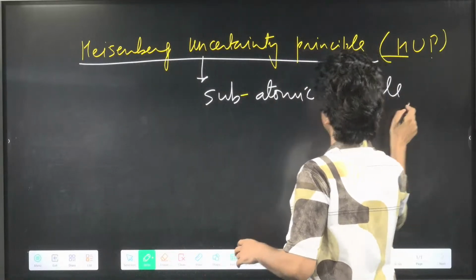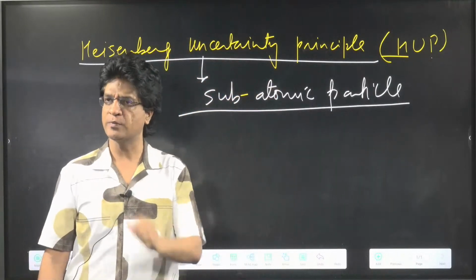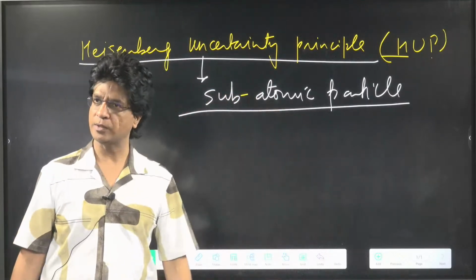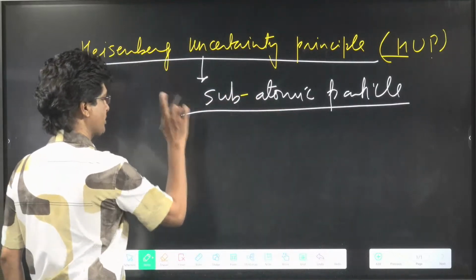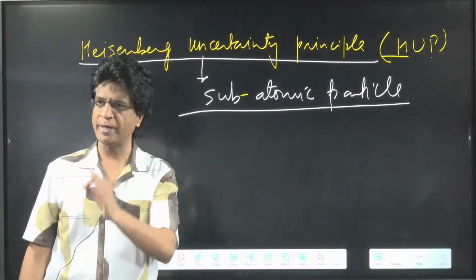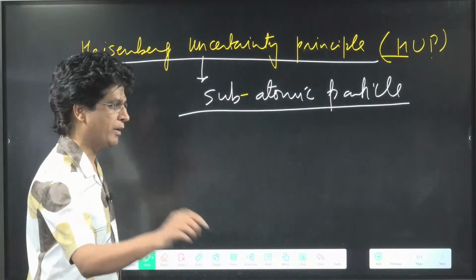That means HUP, Heisenberg uncertainty principle, is valid for microscopic objects only, which are subatomic in nature. And he also says that if you try to find out the position and the momentum of any subatomic particle simultaneously, you will always come across an error.